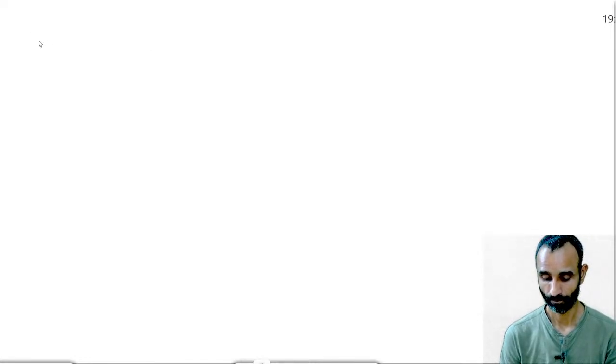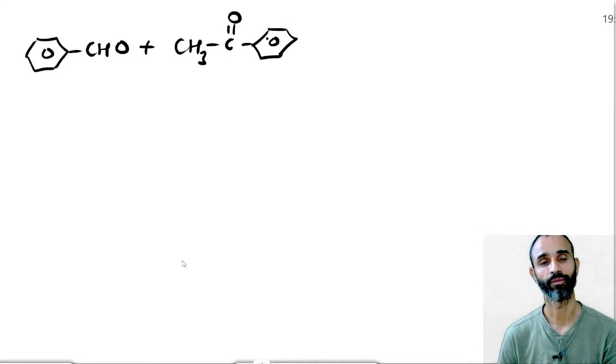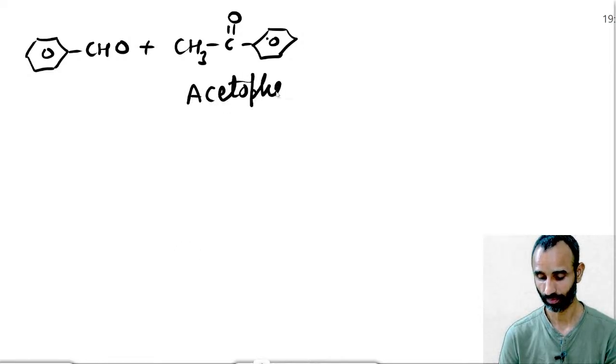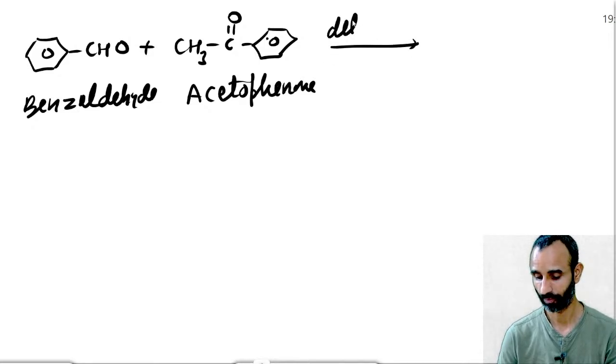Understood. So if we have benzaldehyde and acetaldehyde, acetophenone. So see, benzaldehyde has no alpha hydrogen.